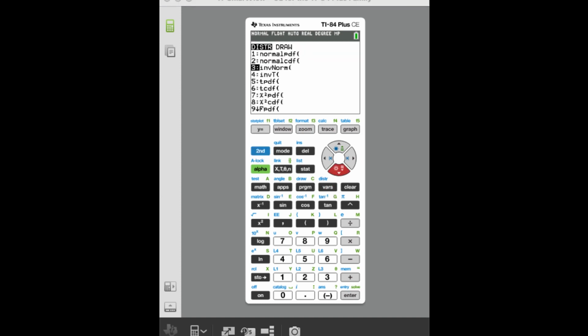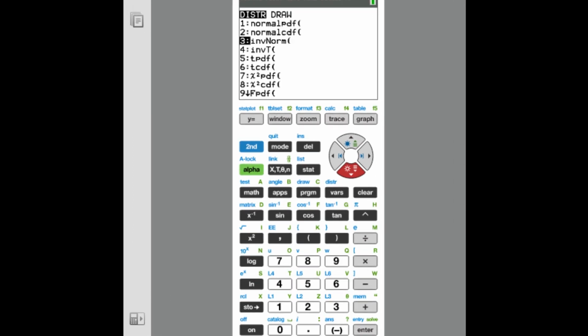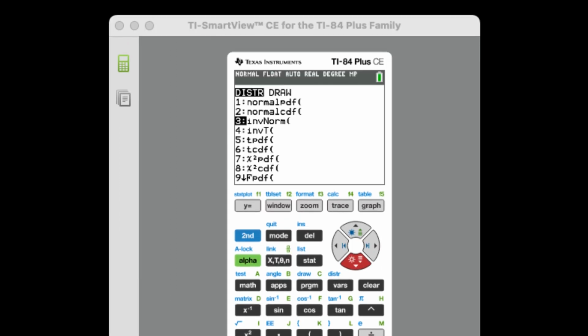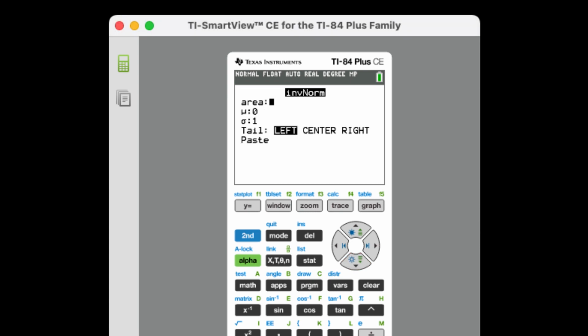Do you guys see inverse norm anywhere? It's number 3. So you just go to number 3, inverse norm. Easy peasy, hit enter. And then you got this word called area. Didn't we say that shaded area, the top 5%, it's a tail, right? What kind of tail is that? So put 0.05, ladies and gentlemen.